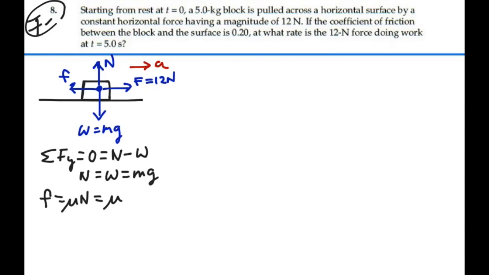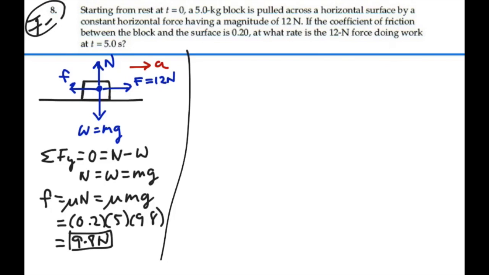So that is equal to mu times mg in this case. So that's going to be equal to 0.2 times 5 kilograms times 9.8, which is going to be equal to 9.8 newtons. So that is the frictional force, 9.8 newtons.